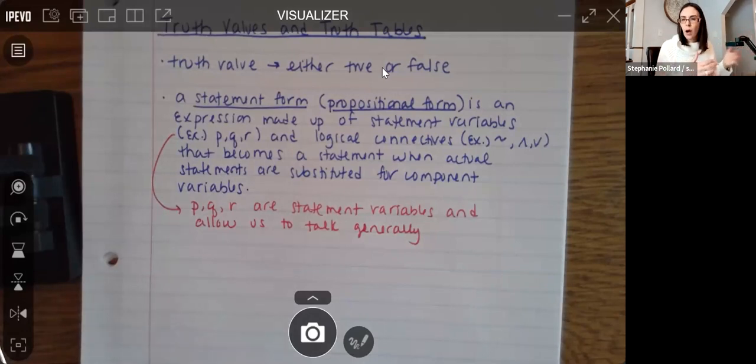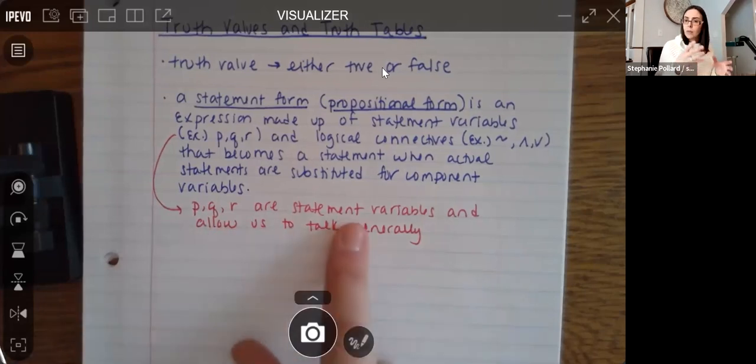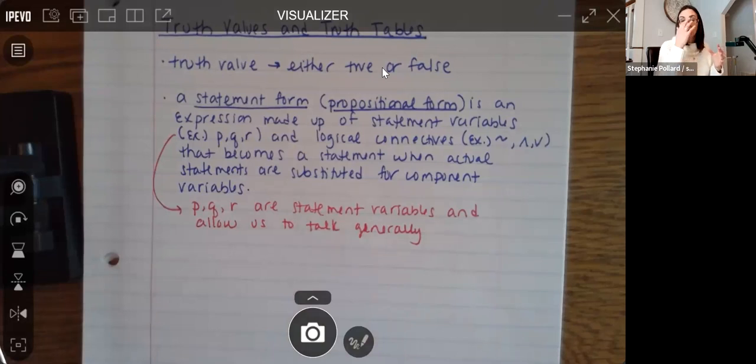I showed you one already, the idea of P or Q then R. So P, Q, and R are like variables. You can substitute in any other statements that you're trying to use, like actual English words, but those general statements still hold. So we think of them as placeholders for what the statement would actually be, in English or in math, or in programming or whatever it is.